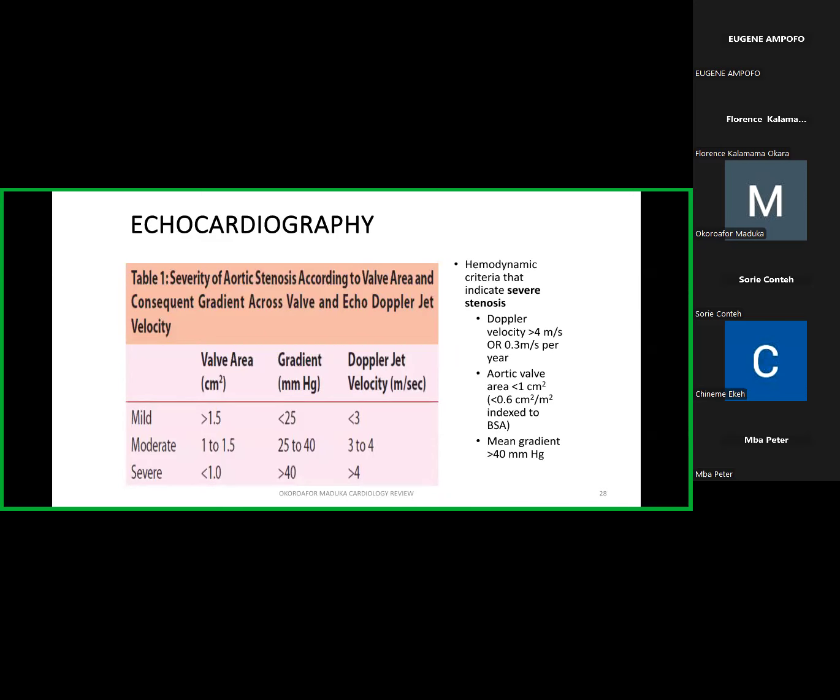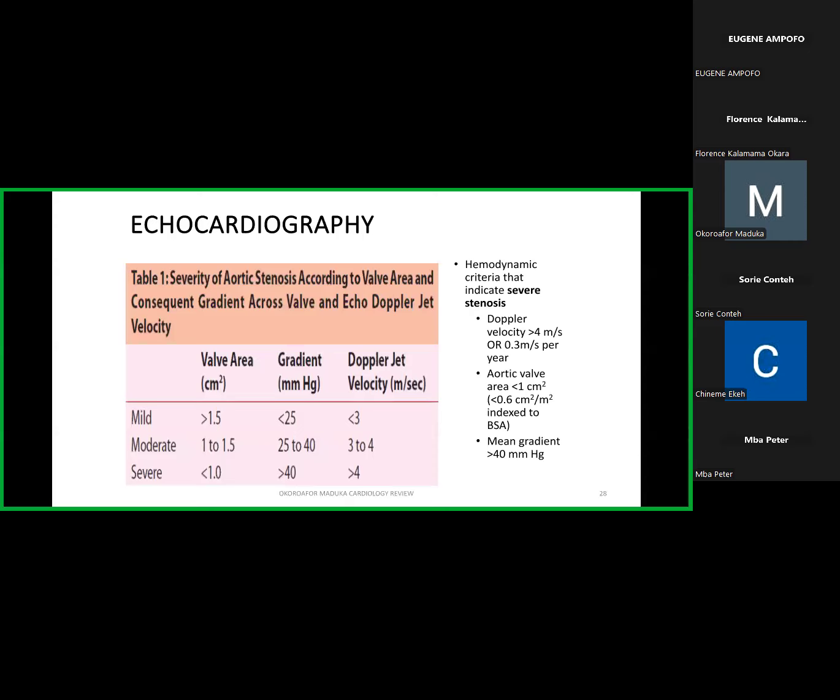Using these variables, we can grade aortic stenosis into mild, moderate, and severe. If the valve area is less than 1, or the gradient is greater than 40, or the transaortic jet is greater than 4 meters per second, these are parameters you can use to say that the patient has severe aortic stenosis.